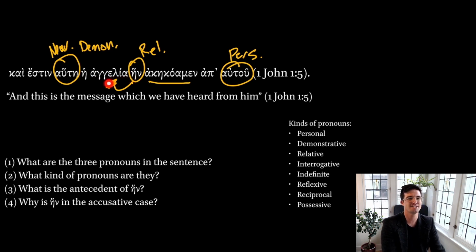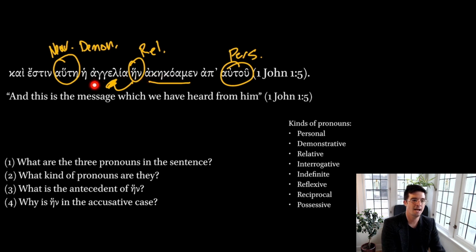So we have this matching in gender and in number. They are both feminine and they are both singular. So the antecedent of hen is he angelia. And hen is in the accusative case because it is the object of the verb akekoamen.